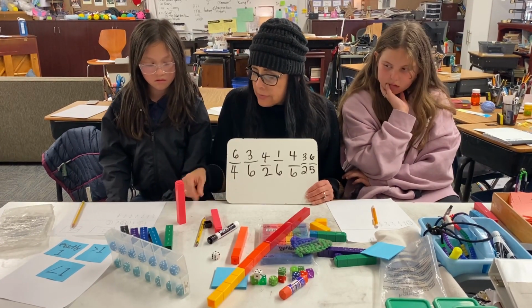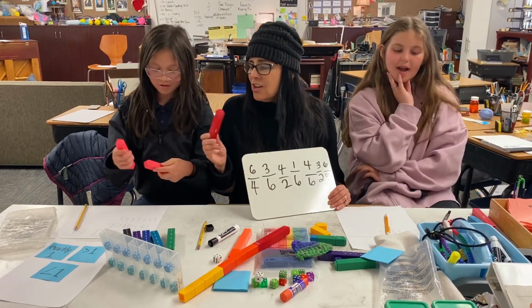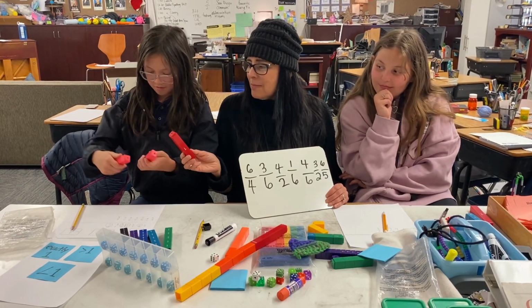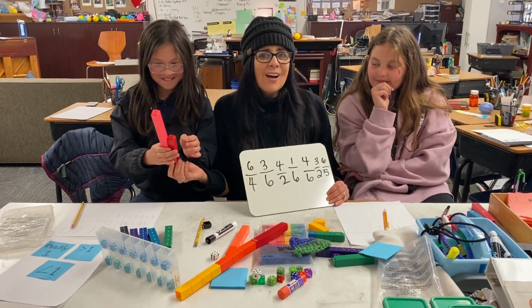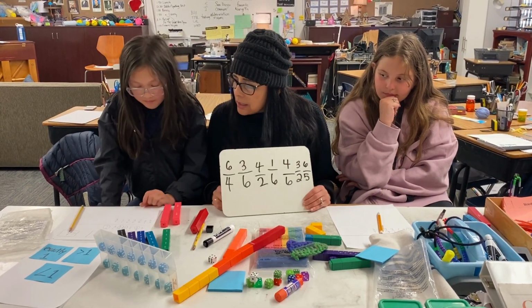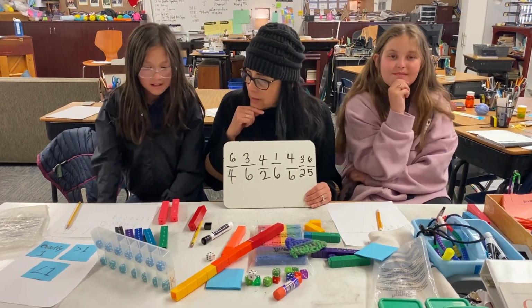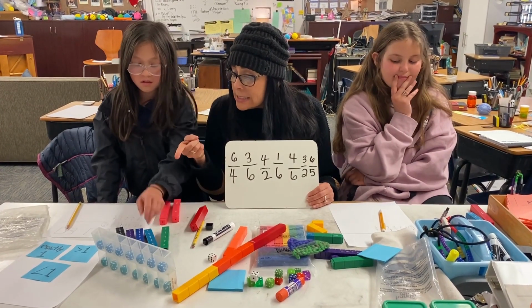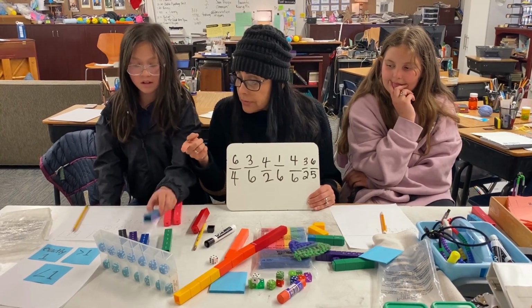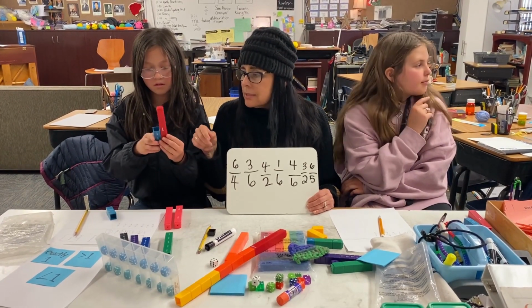Here's 2 halves. Get 2 more halves. Oh, no, that's not less than 1. Let's try another one, Aaron. Do you see one out there that is less than 1? 3/6. Get 3/6. Less than 1. There it is.